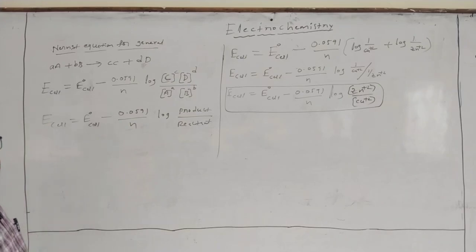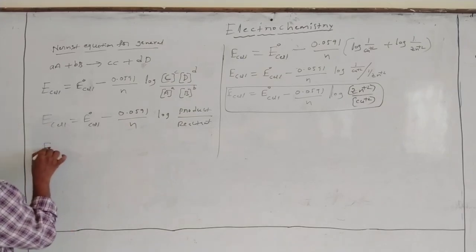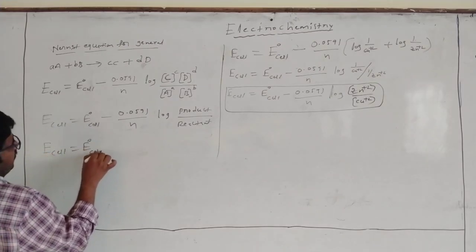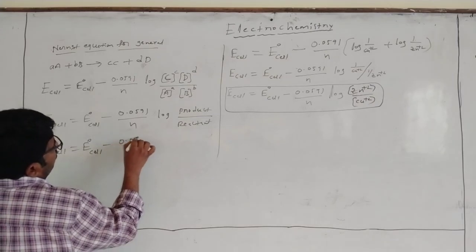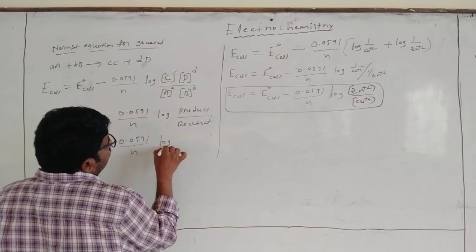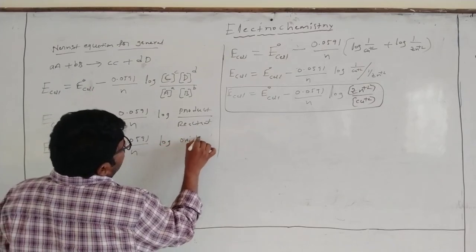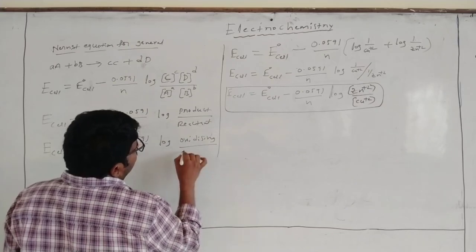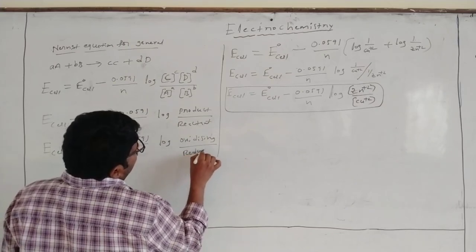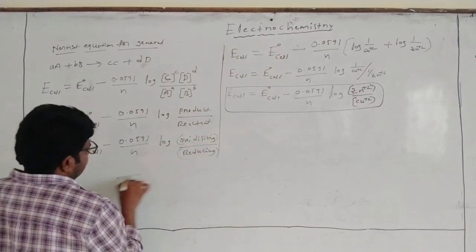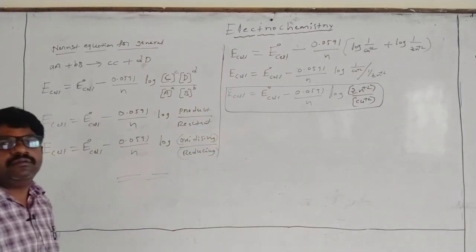Otherwise, you can write in terms of oxidizing and reducing form: E cell is equal to E naught cell minus 0.0591 by n log oxidizing by reducing. So this is the Nernst equation.